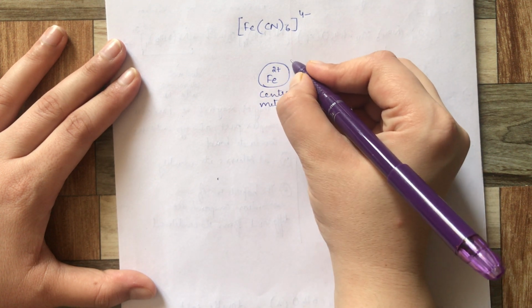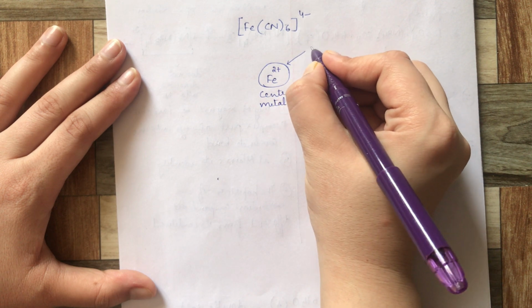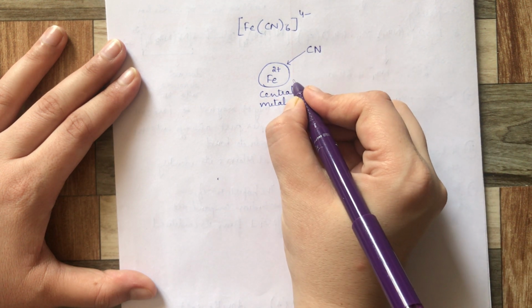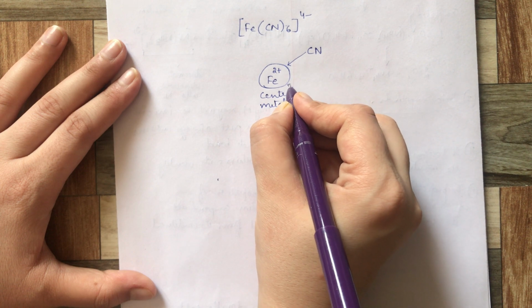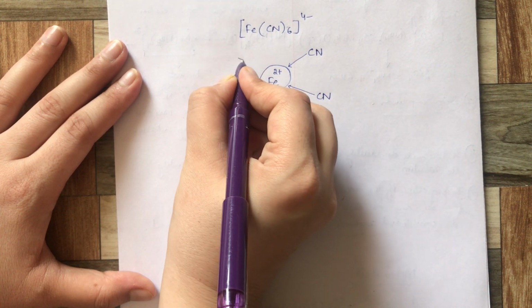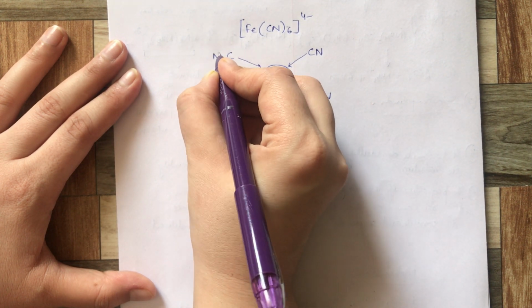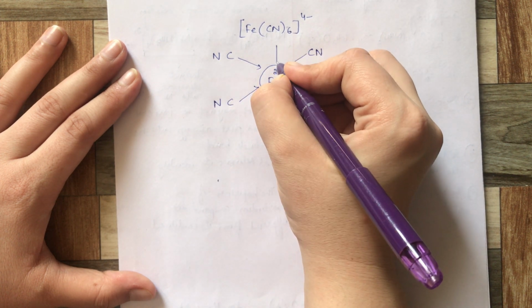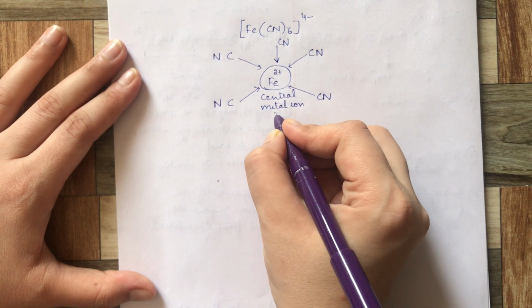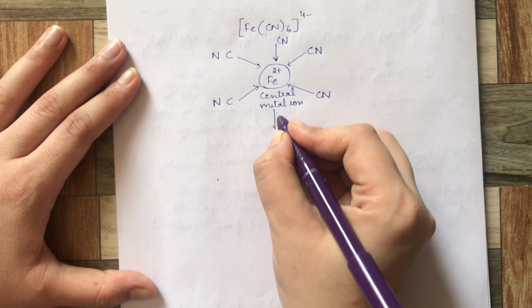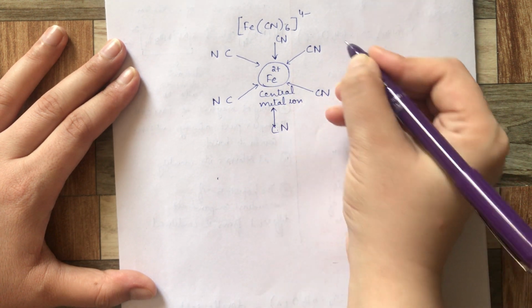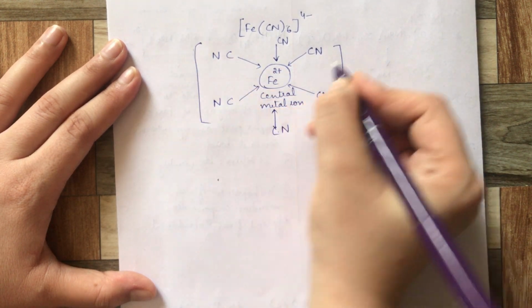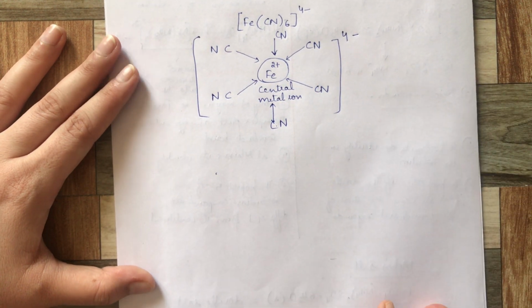which is surrounded by 6 CN-, and this whole is enclosed in the square bracket.